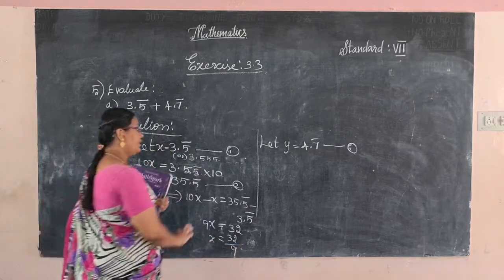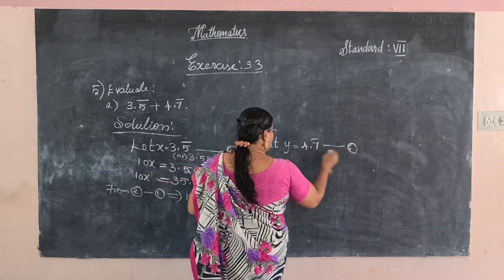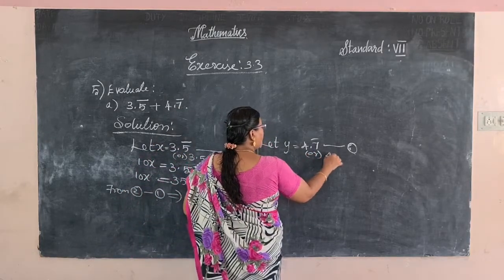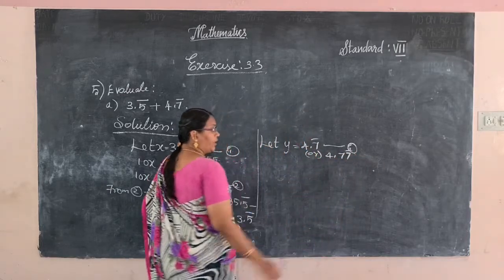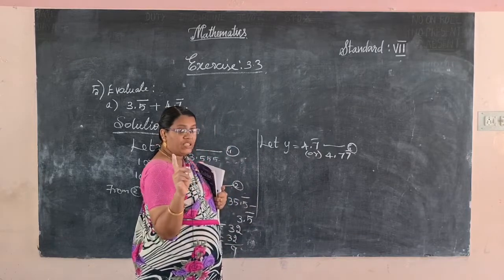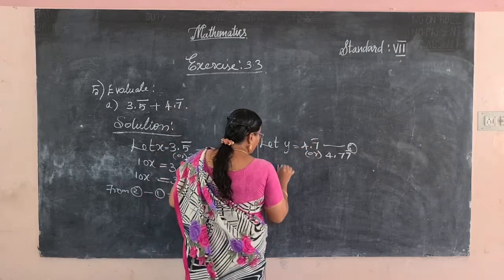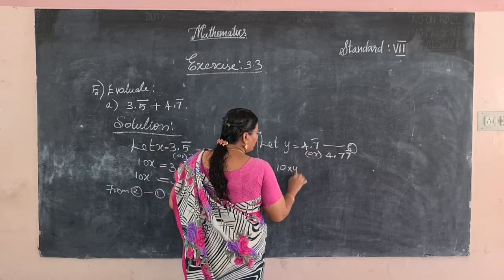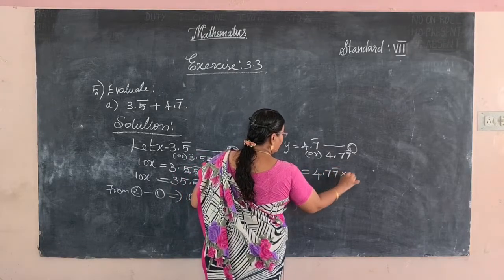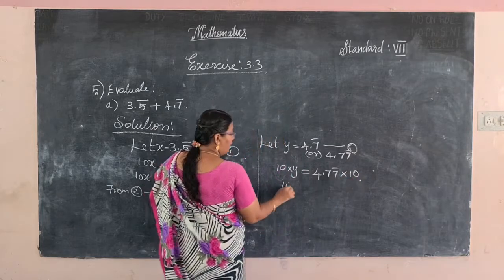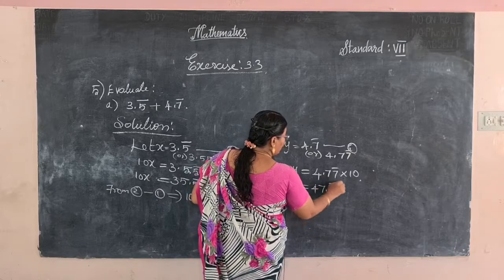Now find the other number y. It is written as 4.7 bar. After the decimal point, the recurring number is only 1, so multiply both sides by 10. 4.7 bar into 10, so 10y is equal to 47.7 bar.